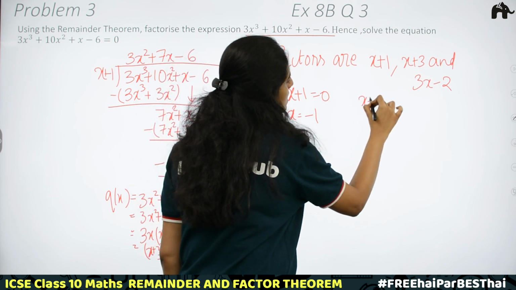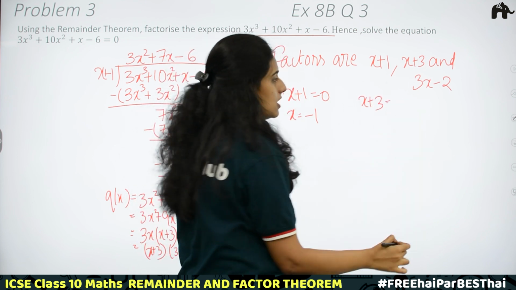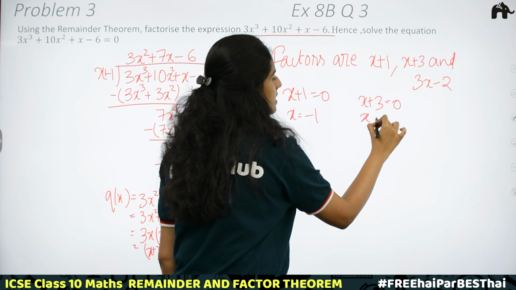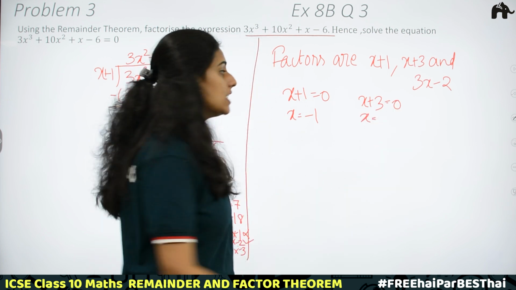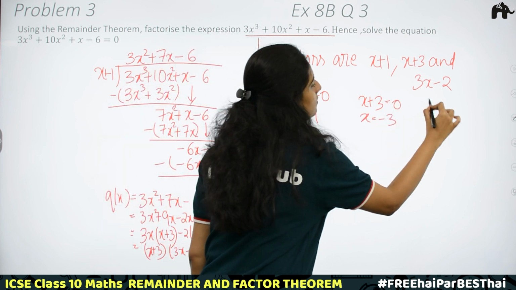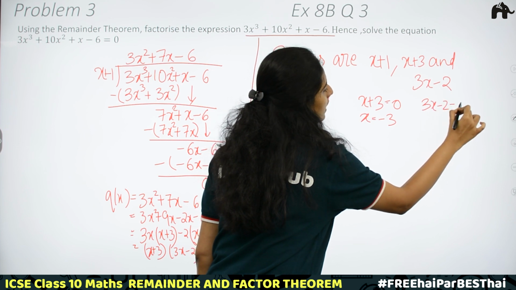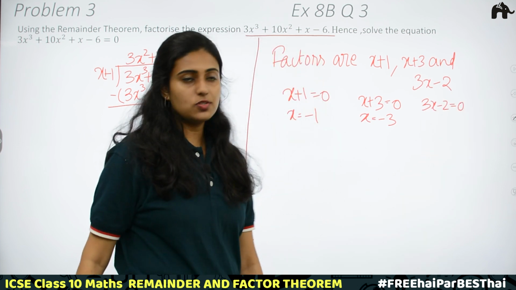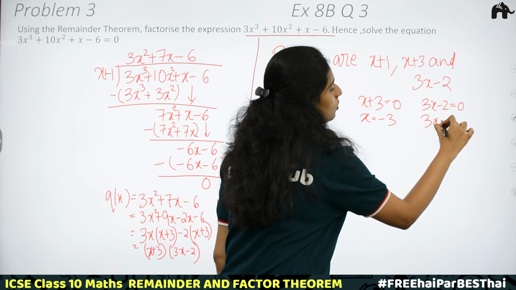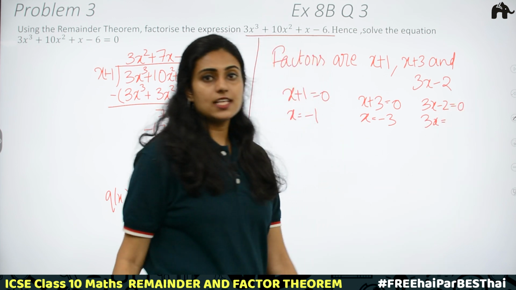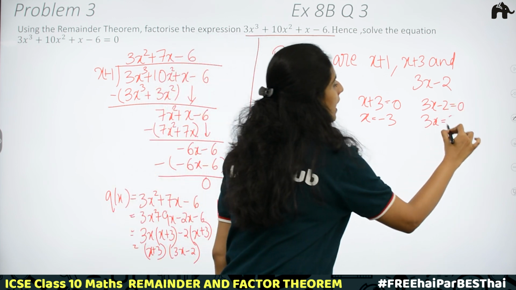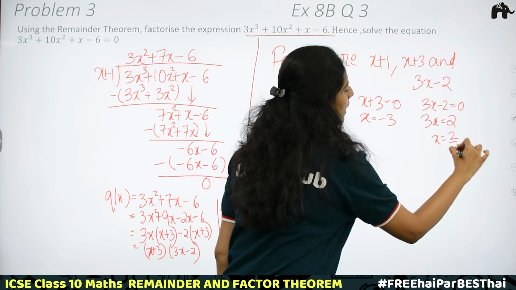If x plus 3 is a factor, then x plus 3 is equal to 0. What is x? x will be equal to minus 3. If 3x minus 2 is a factor, then 3x minus 2 is equal to 0. 3x is equal to minus 2 taken to the opposite side becomes plus 2, and x is equal to 2 by 3.